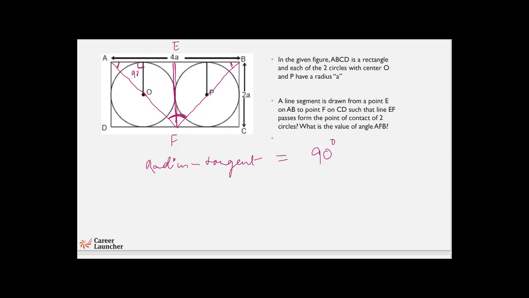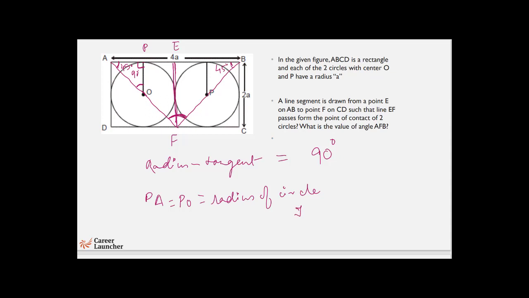And let's say this point is P, PA is going to be equal to PO, because this is nothing but the radius of the circle. So if PA equals PO, these two angles should be equal and they are going to be 45 degrees. So this angle is 45 degrees. Similarly, this angle will also be 45 degrees.